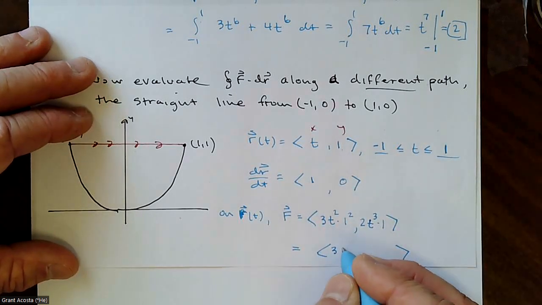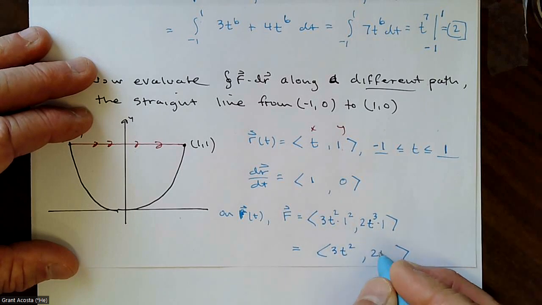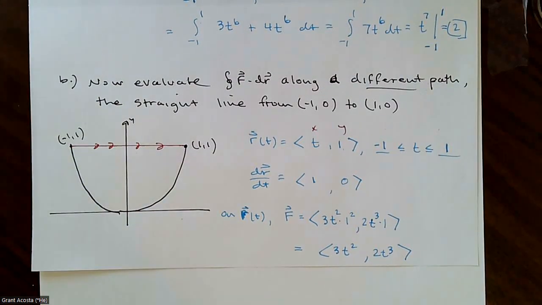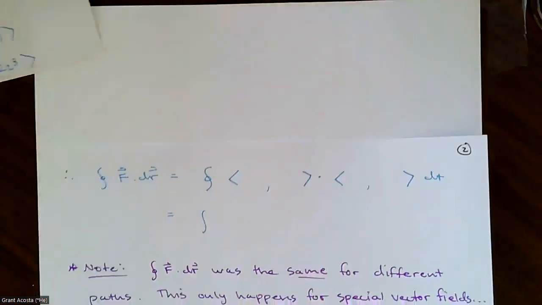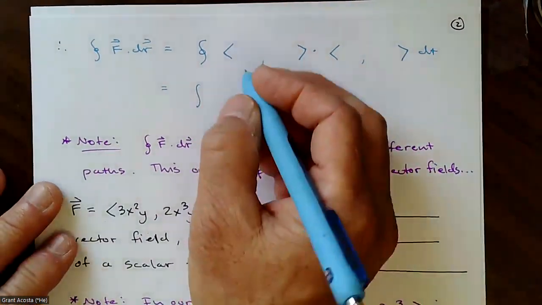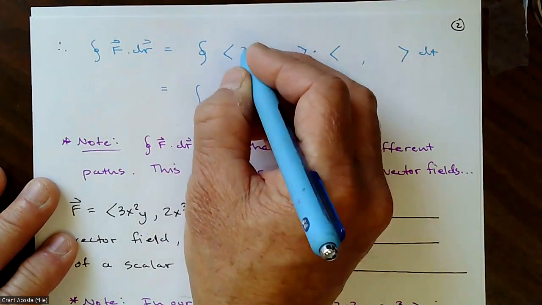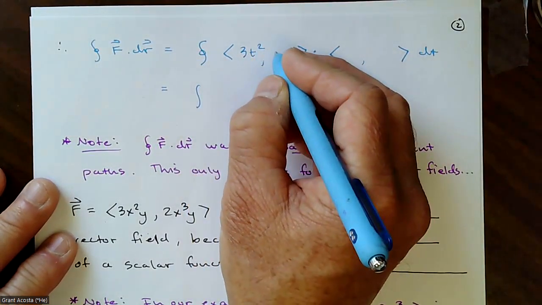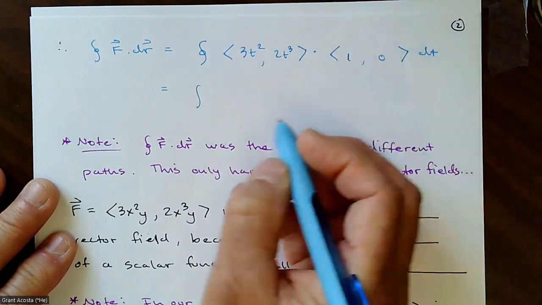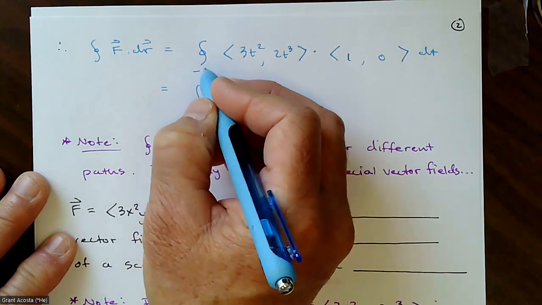So that's (3t squared, 2t cubed). And so to now dot those two and do the integral, I'm going to have the integral of f, (3t squared, 2t cubed), dotted with dr, which was (1, 0). And it'll be from -1 to 1 again. That was our parameterization.